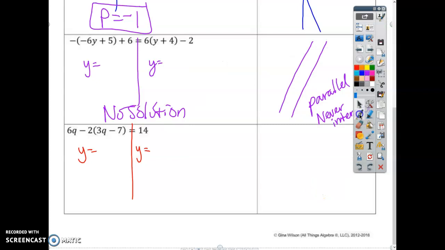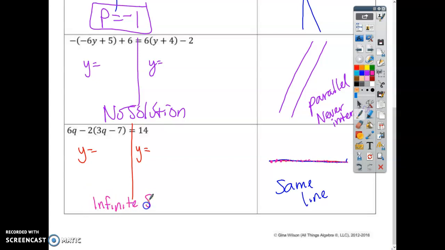So when I draw it, this is what my lines look like, right? Blue and red, same line. Same line. So how many times do those touch? Well, here, here, here, here, here, here, here. They touch infinite amount of times. That's why my solution is infinite solutions. Okay, they're going to intersect infinite amount of times. And they're going to keep going forever and ever. That's why it's called infinite solutions.